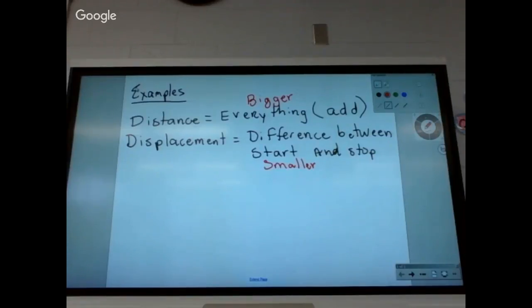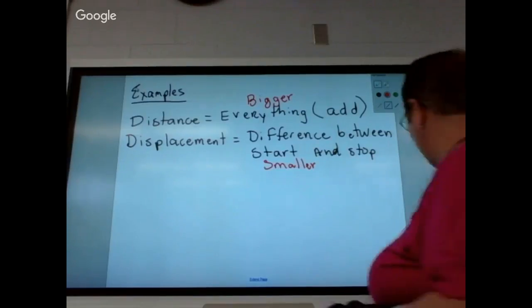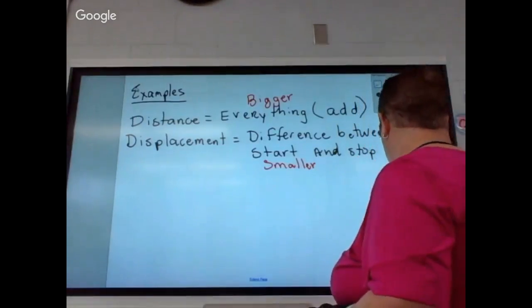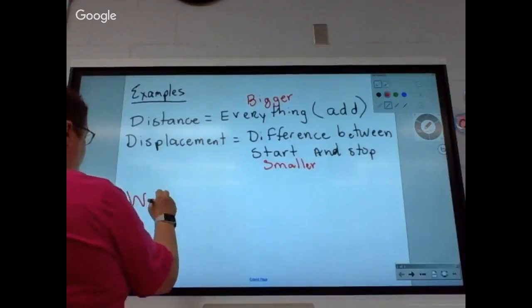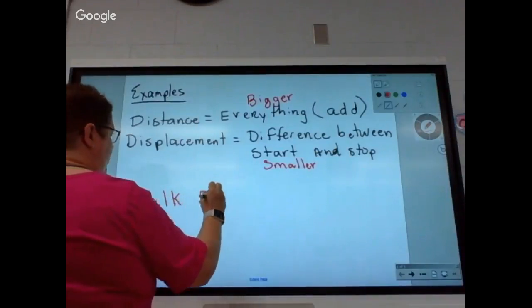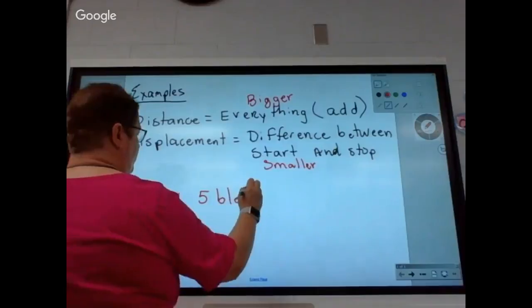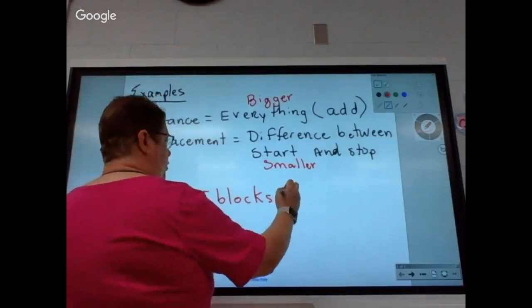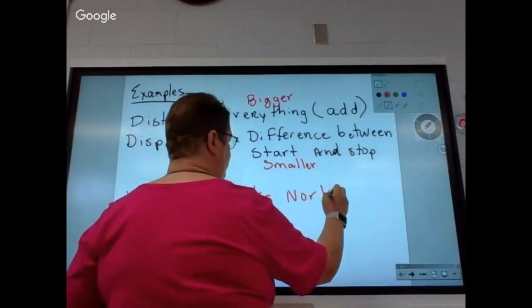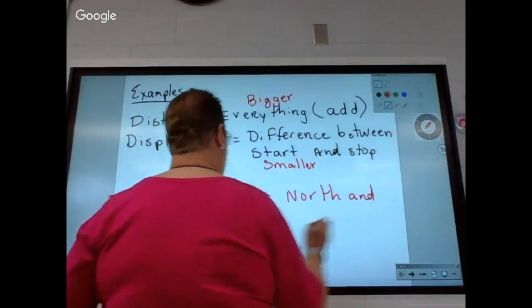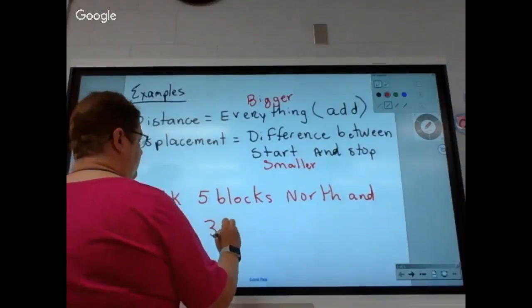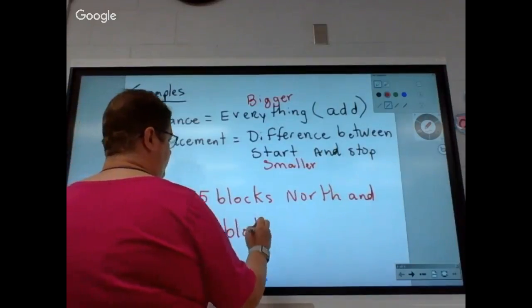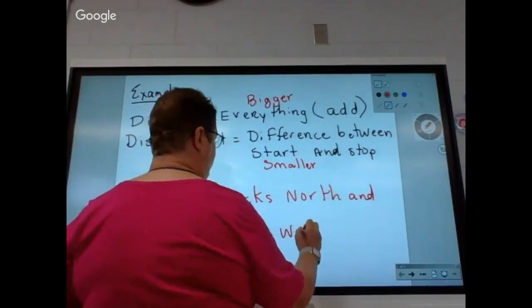Now, let's say, as an example, that we walk 5 blocks north, and then 3 blocks west.